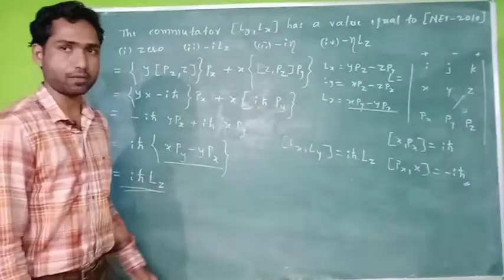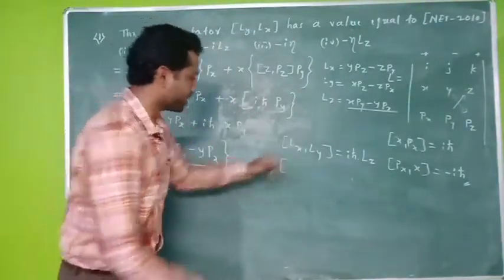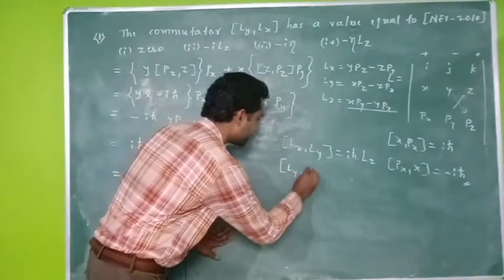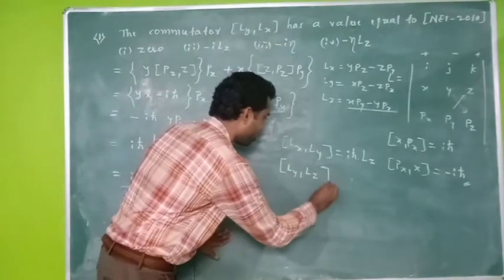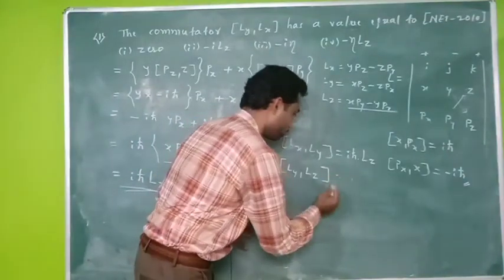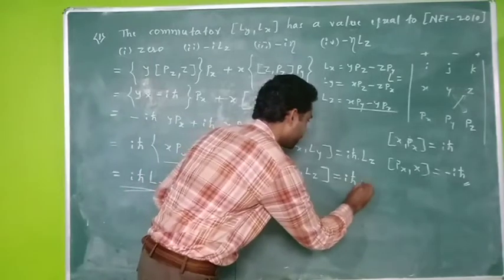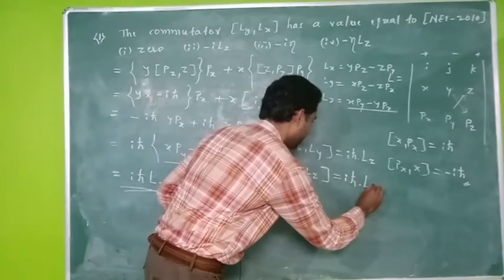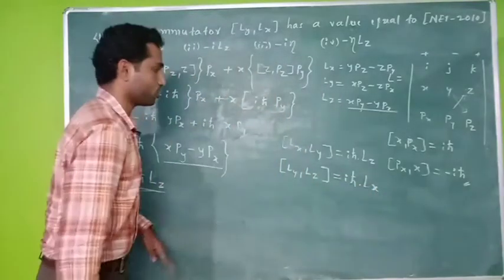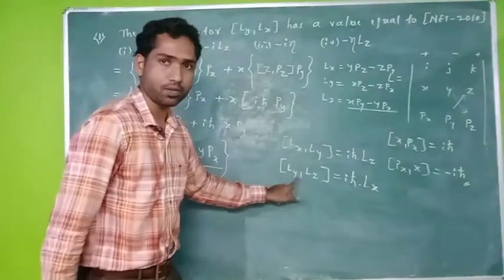You can remember this, it's very easy. So here similarly, if I write ly and lz operators commutator, so that is equal to i h bar into lx. So you can prove this one similar to the previous one, right.